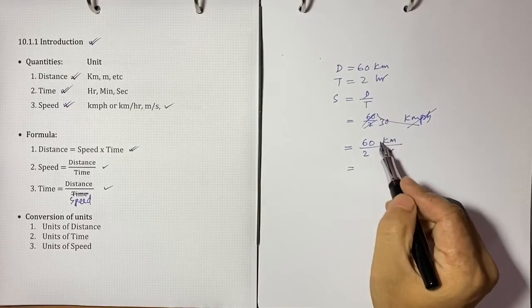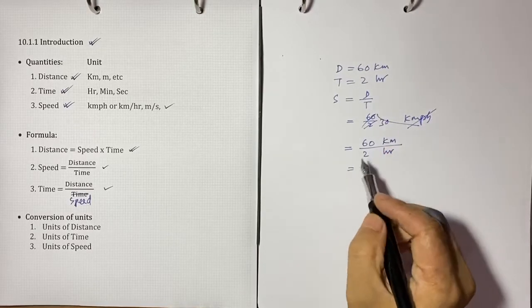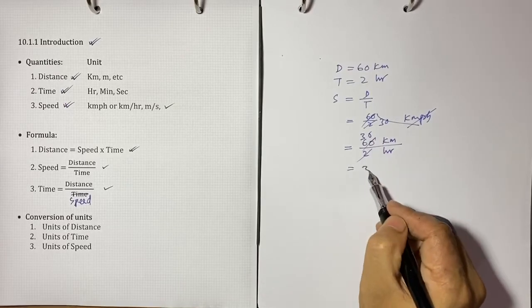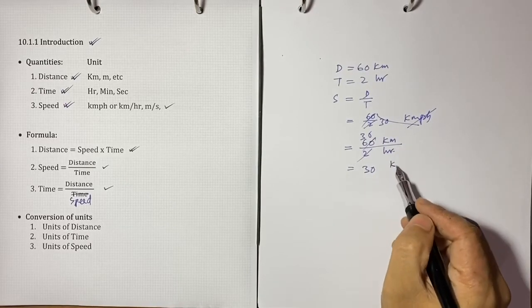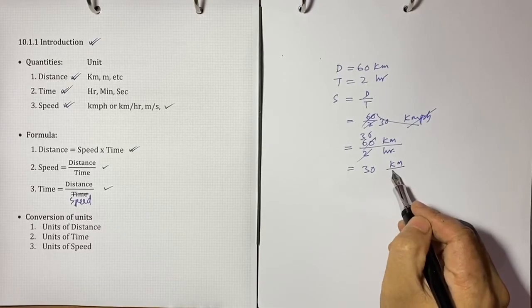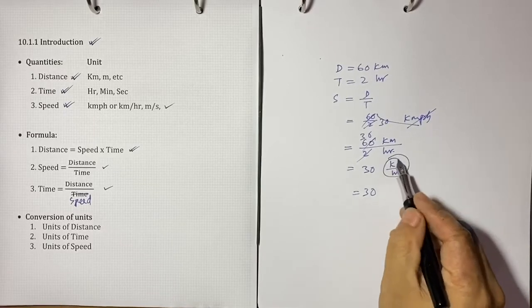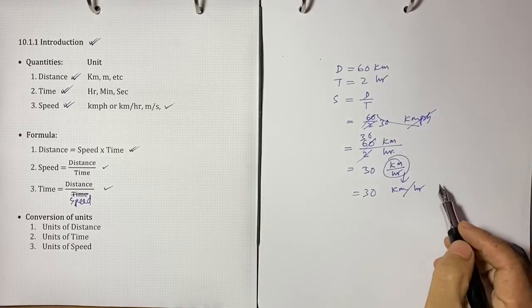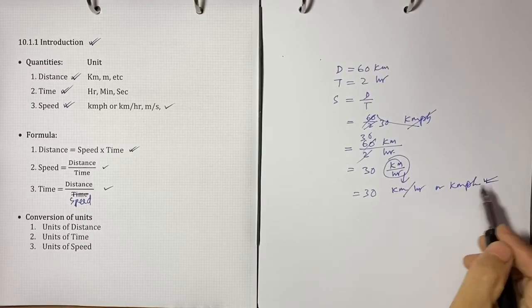The distance is 60 km and the time is 2 hours, so when the units are divided, the numbers cancel, 60 and 2 give 30, and the units kilometer divided by hour give kilometer per hour.